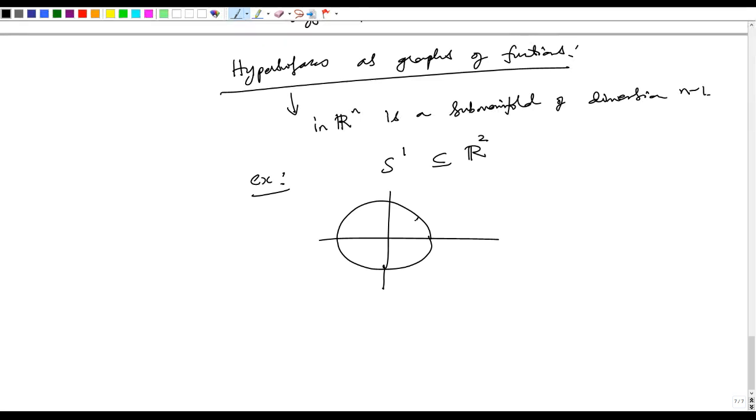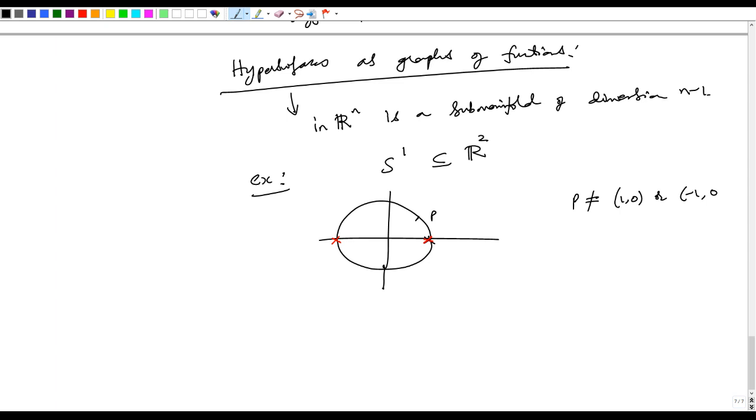Now, if I take a point P on S1, say a point P which is not equal to this point or this point. Namely, P is not equal to (1, 0) or (-1, 0).